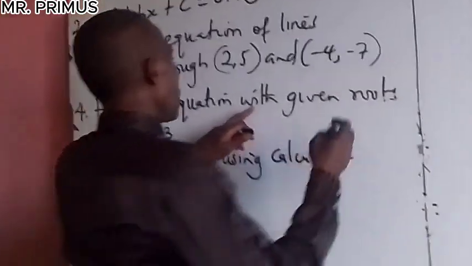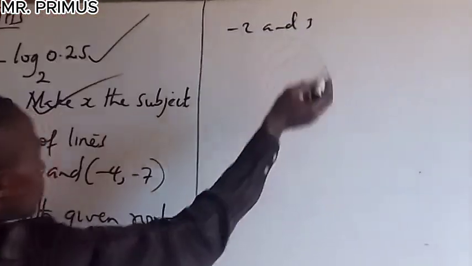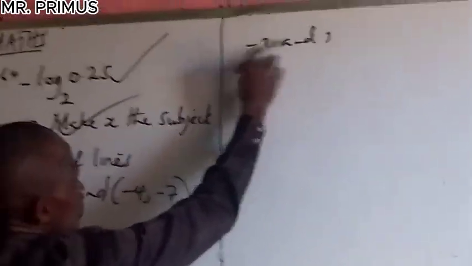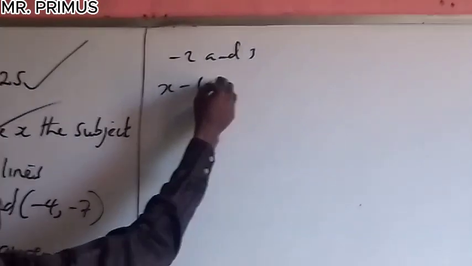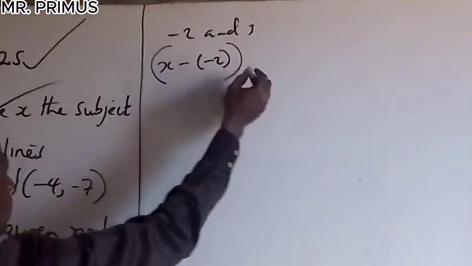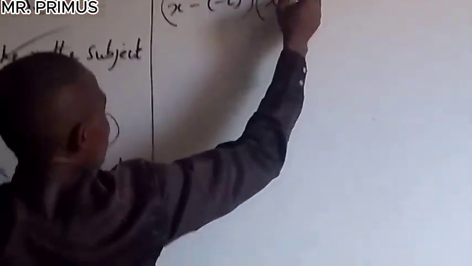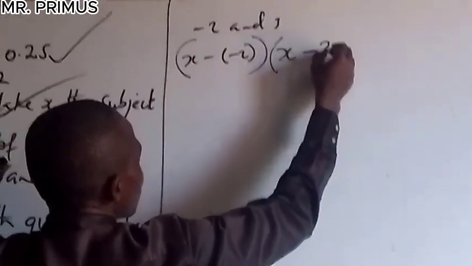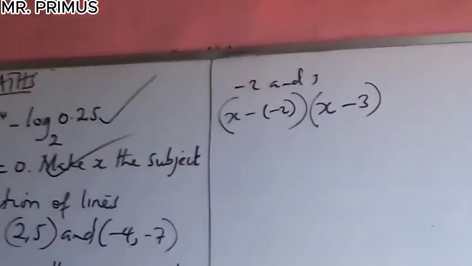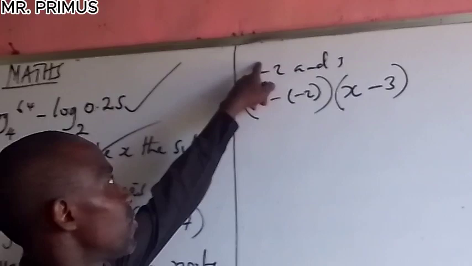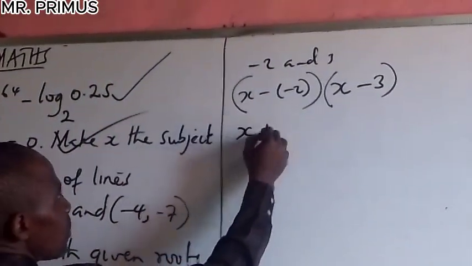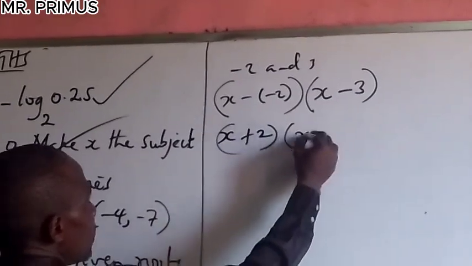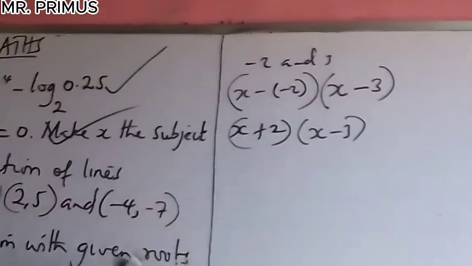Find the equation with given roots, minus 2 and 3. What to do is just use x to subtract each of these in brackets. So x minus minus 2, then x minus 3. You know, x minus this value, x minus this value. It's a very simple thing. So that is x plus 2 and x minus 3. If you open this bracket, it gives you the answer.